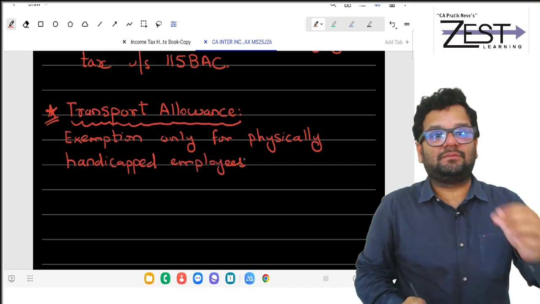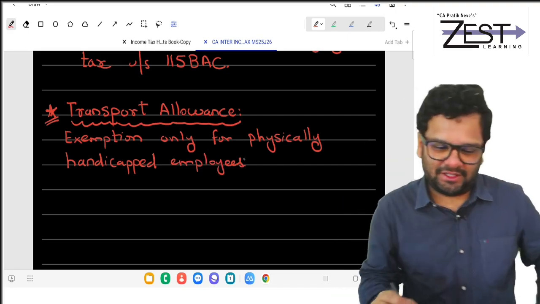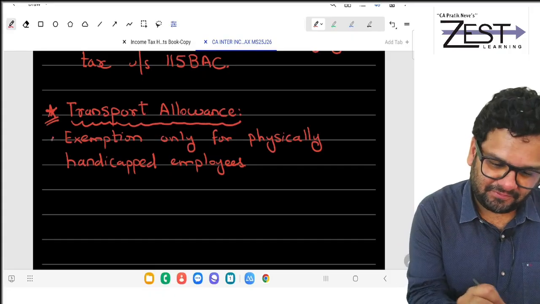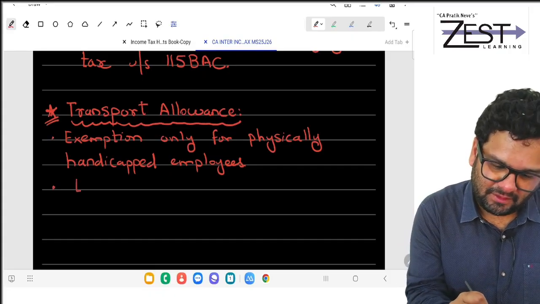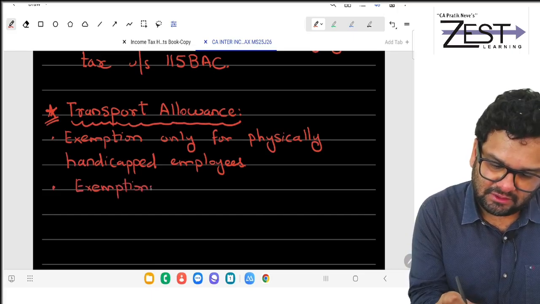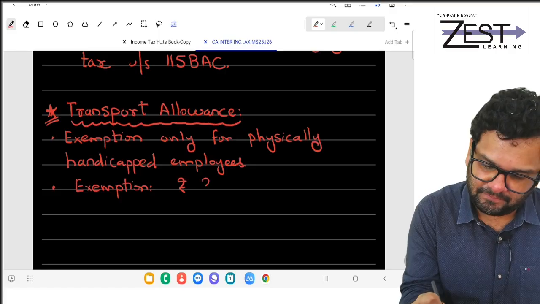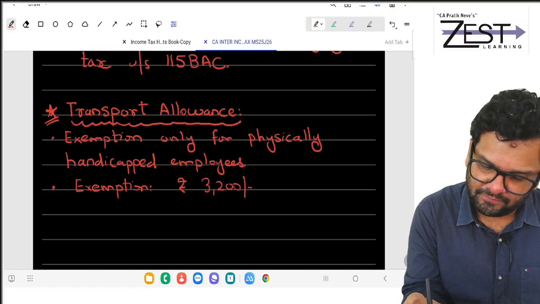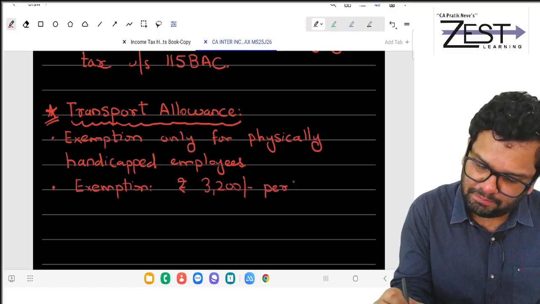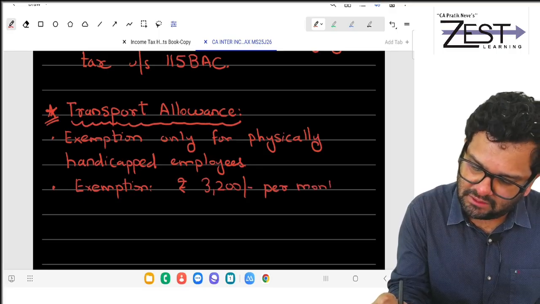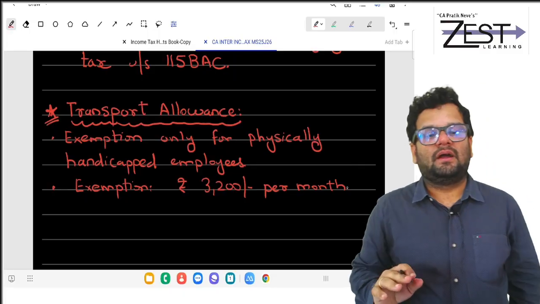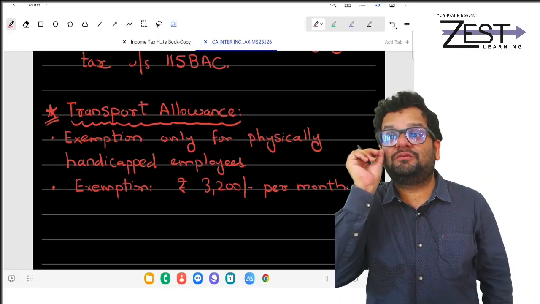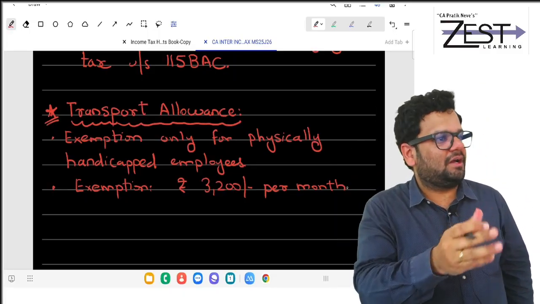How much is exempted? So exemption is 3,200. How much? 3,200 per month. And no restriction. You can be in 115BAC, you may be out of that.